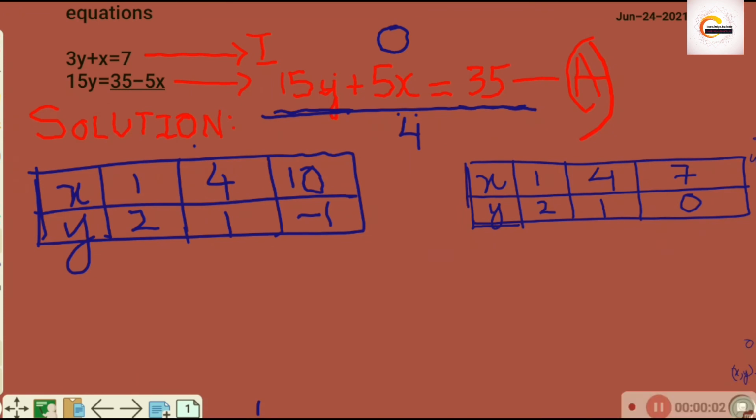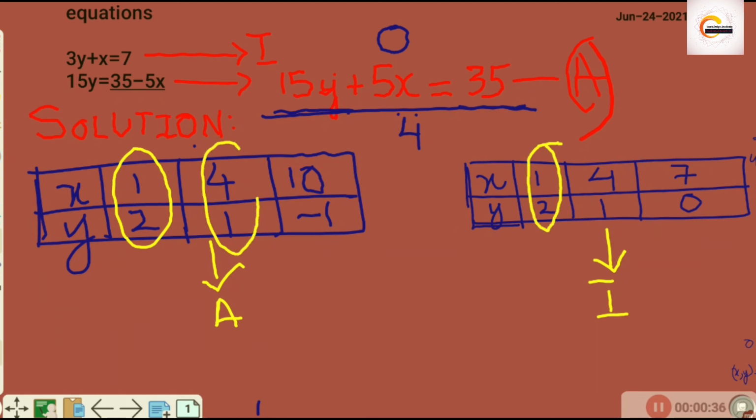Alright, now that we have got 2 tables, one for equation 1 and the second for equation A, we can compare these 2 tables, and we can see very clearly that out of these 3 coordinates, 2 are common. Yes, see, 1 comma 2, 1 comma 2, 4 comma 1, and 4 comma 1.